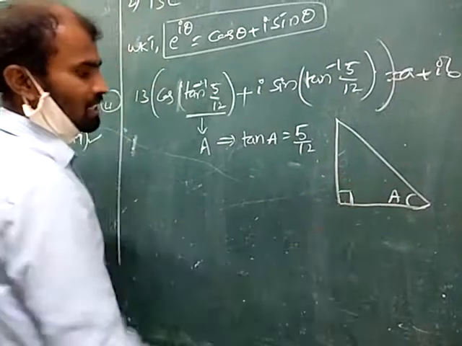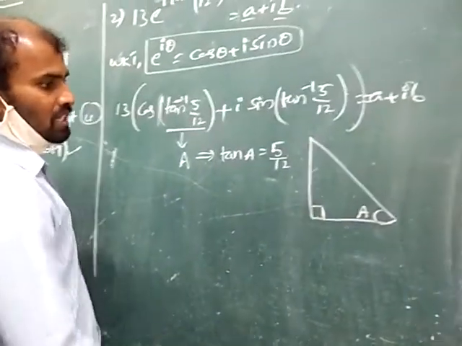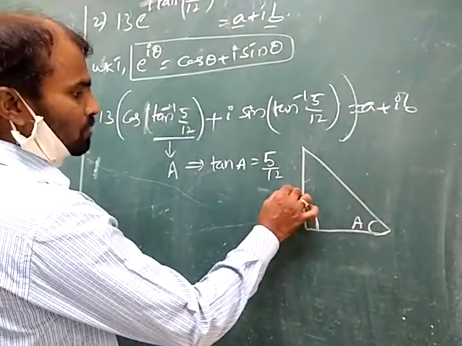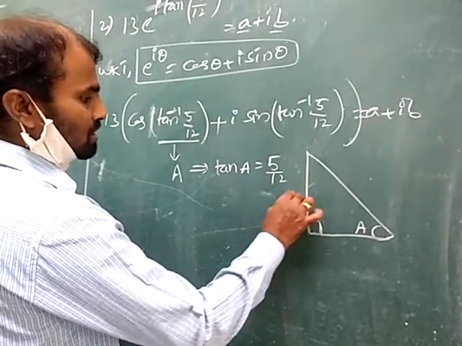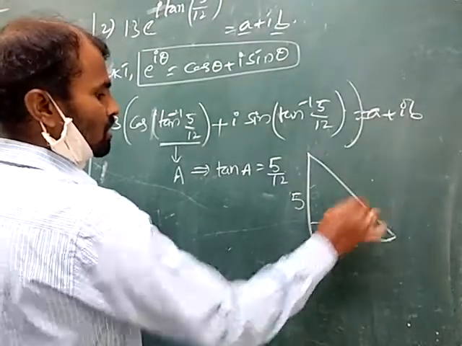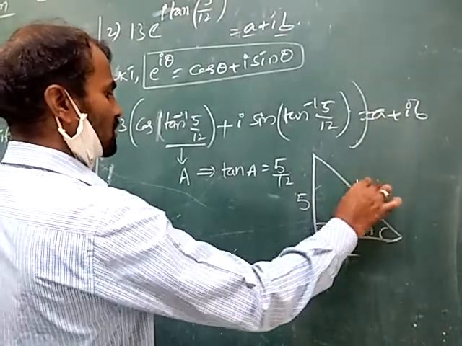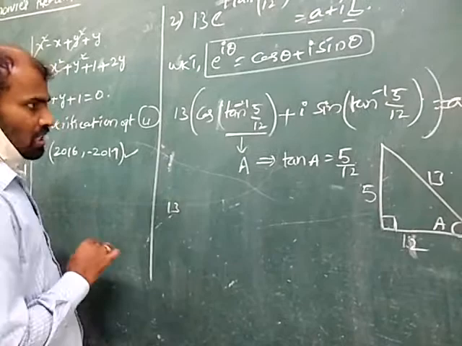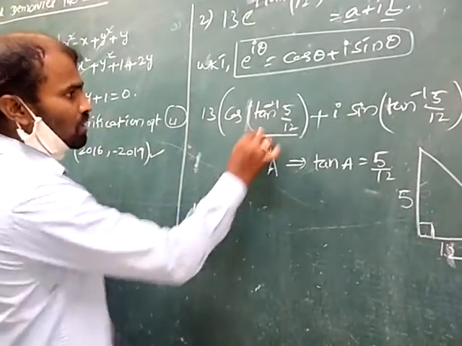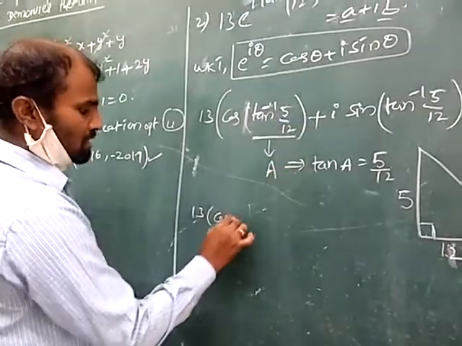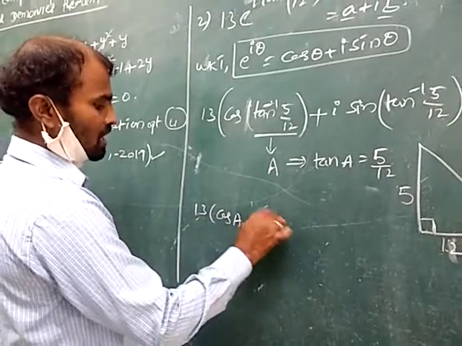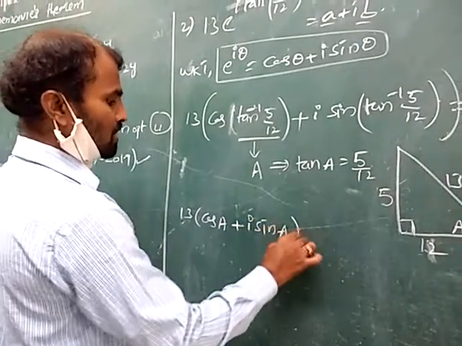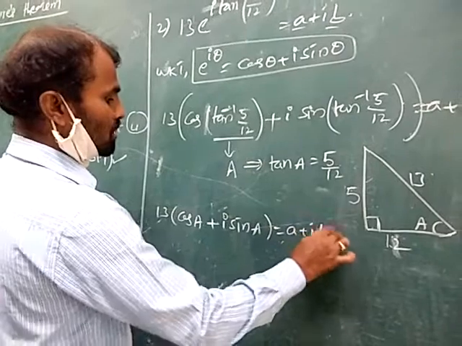Here is the 90 degrees right angle. So tan a in a right angle triangle is opposite side by adjacent side, 5 by 12. The hypotenuse is 13. Now given value 13 into (cos a plus i sin a) equal to a plus ib.